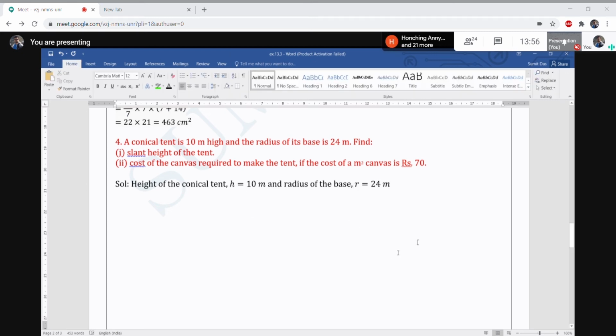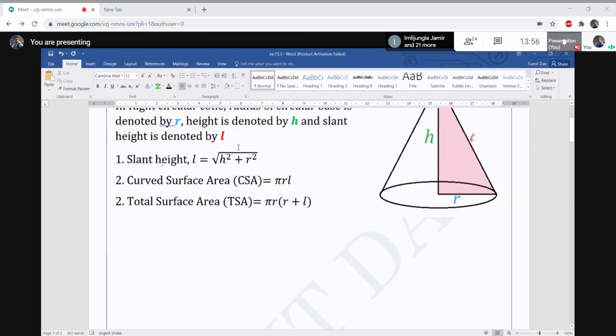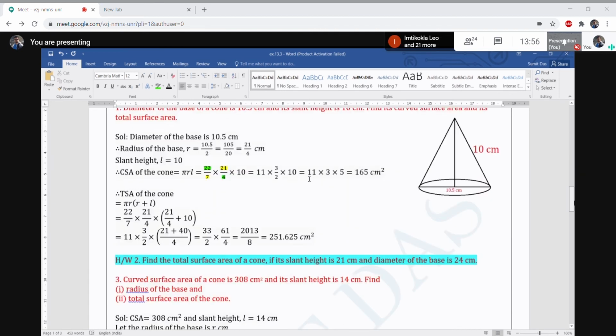So what is the slant height formula? We'll use this formula L. If you remember, slant height L equal to square root of h square plus r square. Okay, so let's put the values.